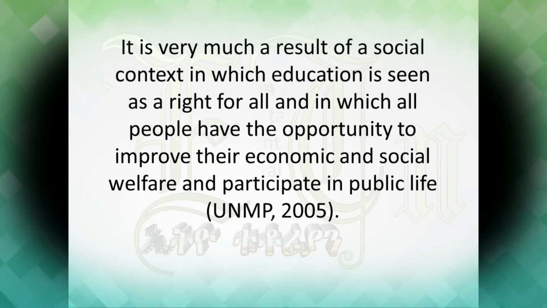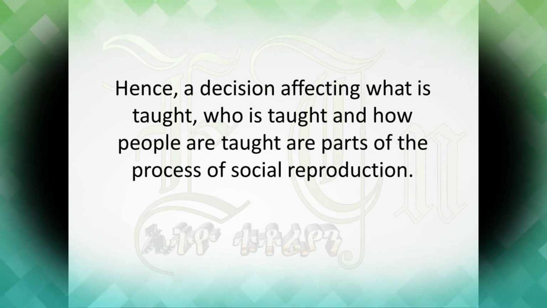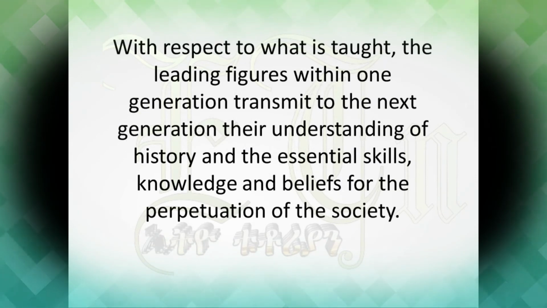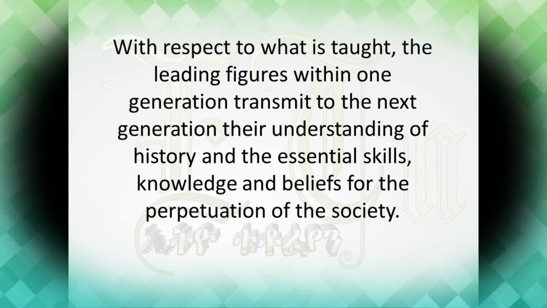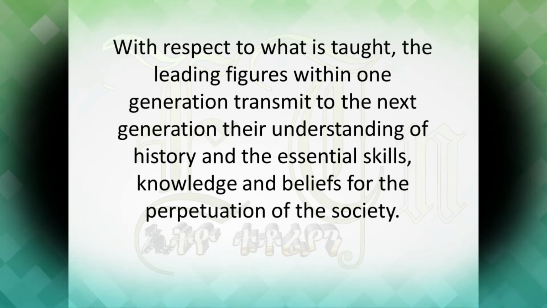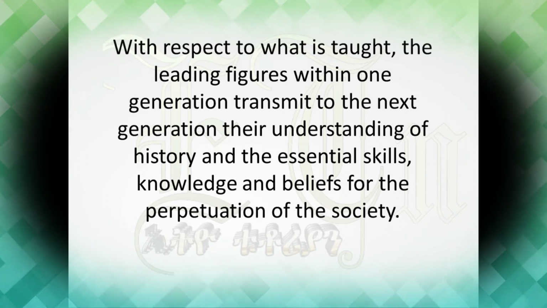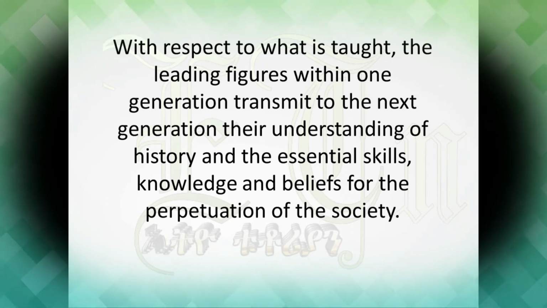UNMP, 2005. Hence, decisions affecting what is taught, who is taught and how people are taught are parts of the process of social reproduction. With respect to what is taught, the leading figures within one generation transmit to the next generation their understanding of history and the essential skills, knowledge and beliefs for the perpetuation of the society.